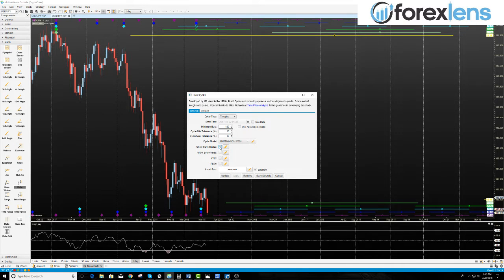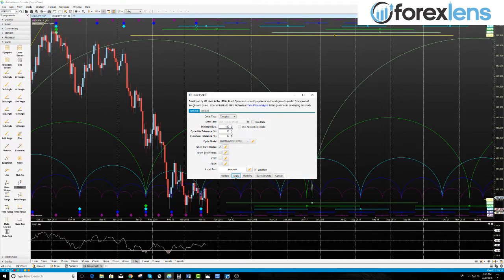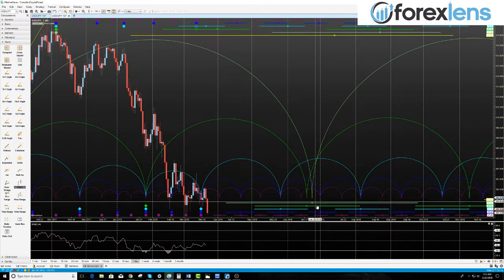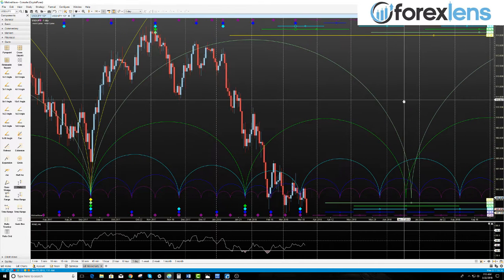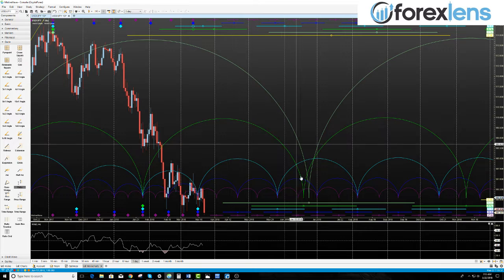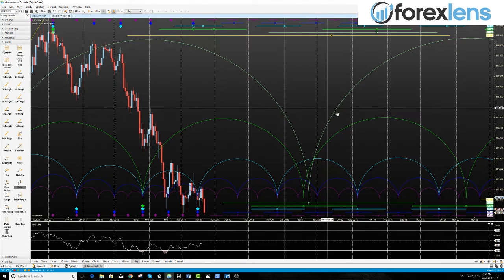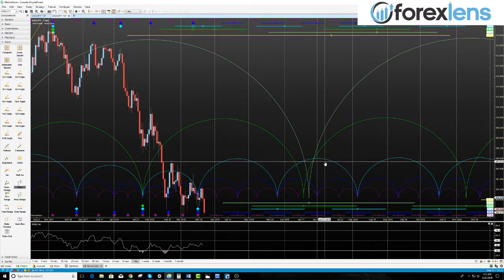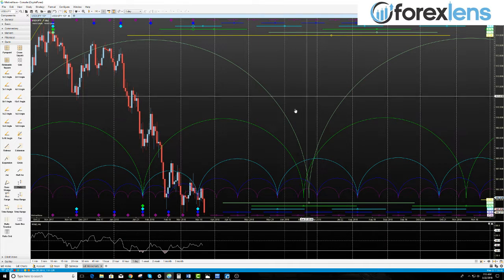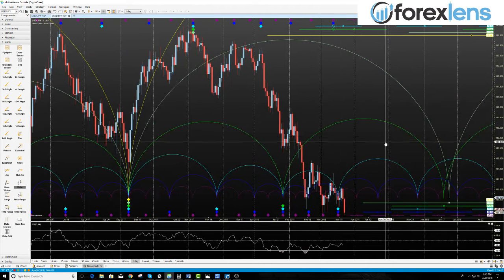If we want to see the semicircles, that's what Hurst cycles will look like on a chart. So you do long periods, and then you work your way down. This is actually very easy to do.